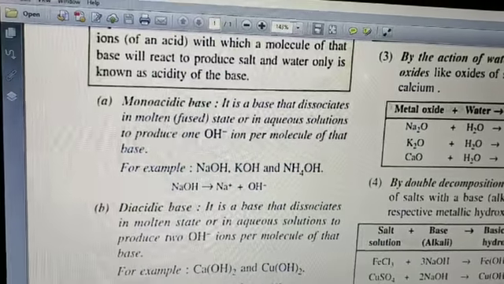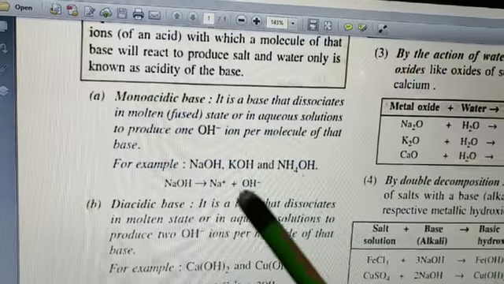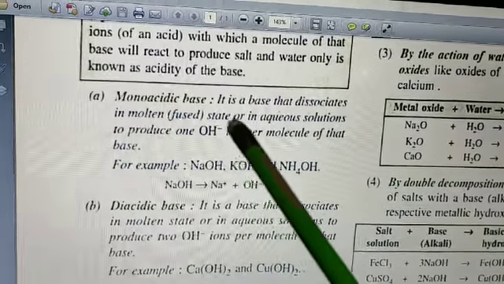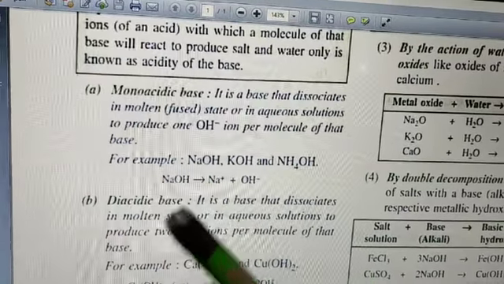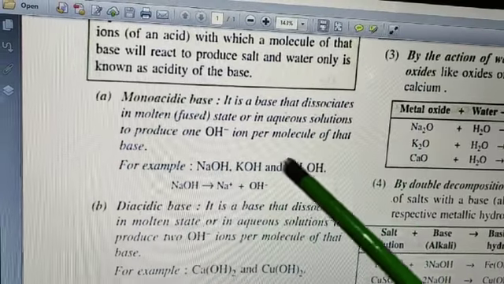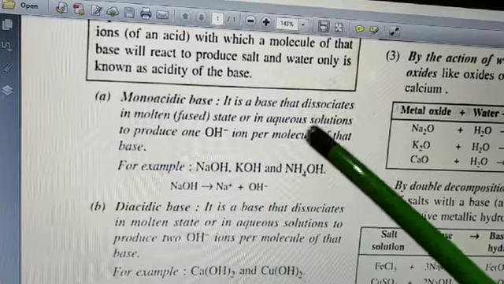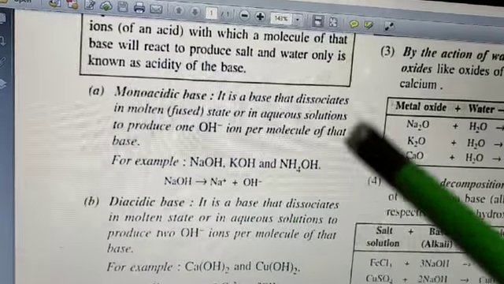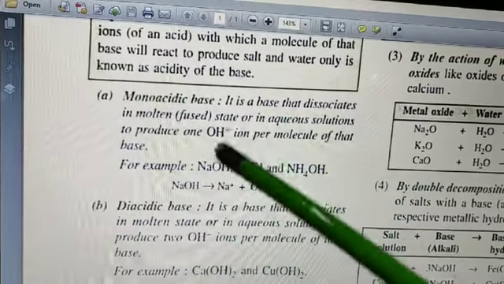A monoacidic base is a base that dissociates in molten or fused state or in aqueous solution to produce one OH minus ion per molecule of that base. For example, sodium hydroxide, potassium hydroxide, ammonium hydroxide. When you dissolve these in aqueous solution, they give only one OH minus ion, since they have only one OH group. So they are called monoacidic bases.